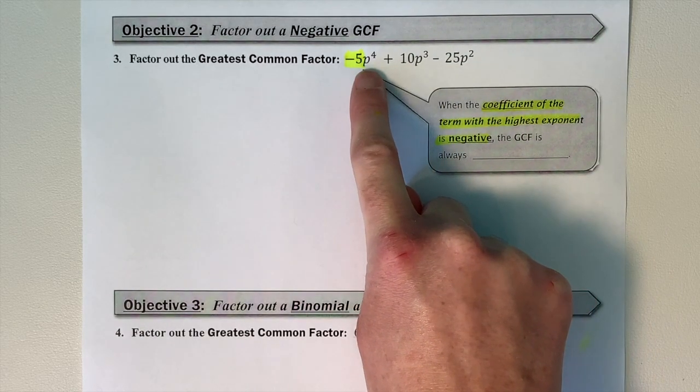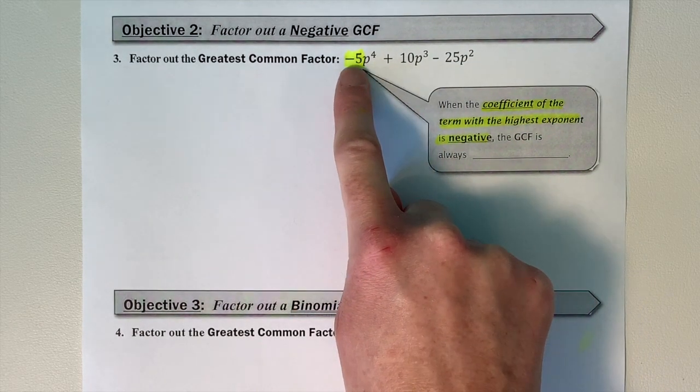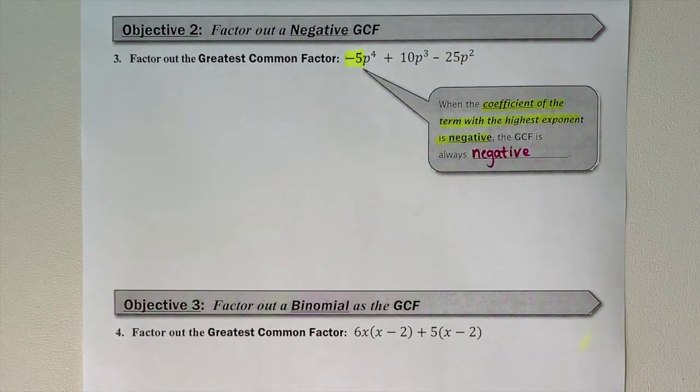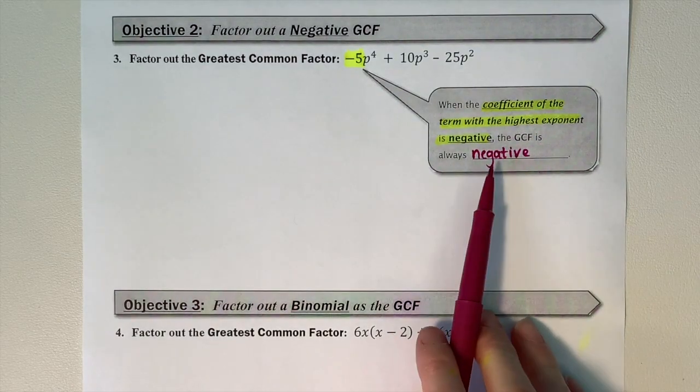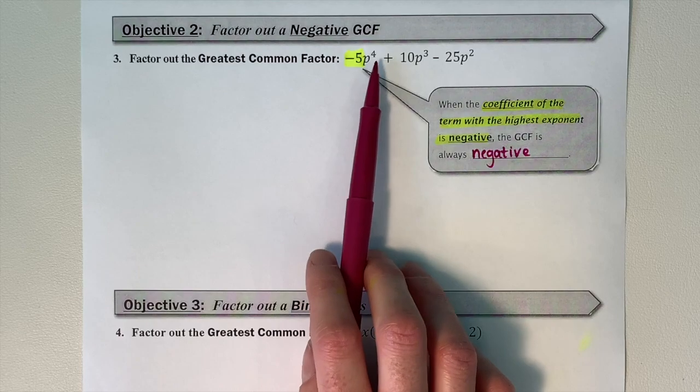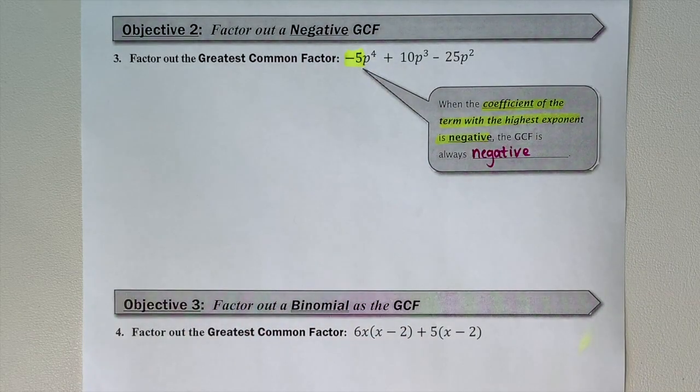P to the 4th has the highest exponent. If the coefficient of the term with the highest exponent is negative, the greatest common factor is always negative. So if you notice that the coefficient of your variable with the highest exponent is negative, you know that your GCF must also be negative.